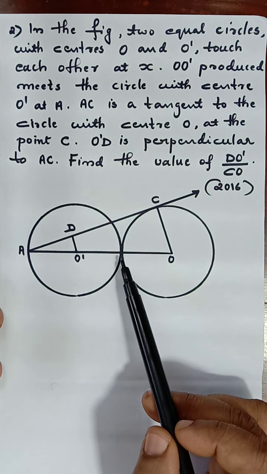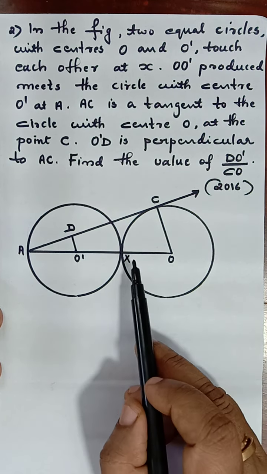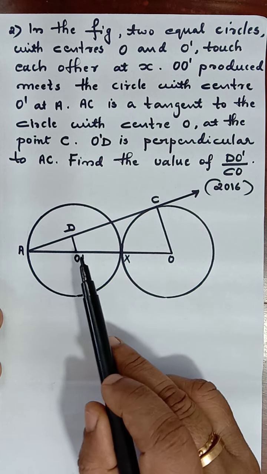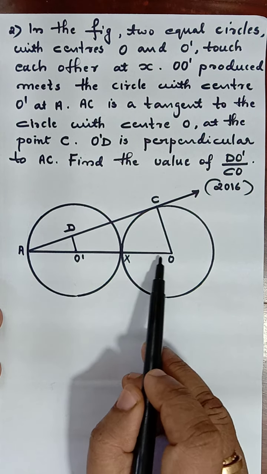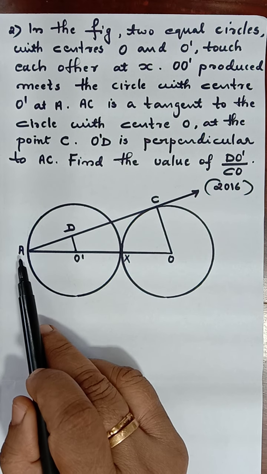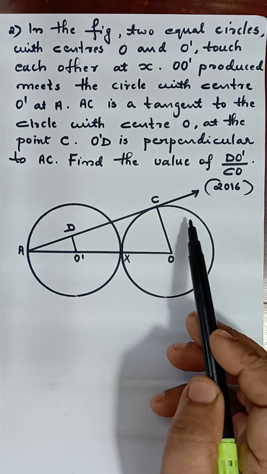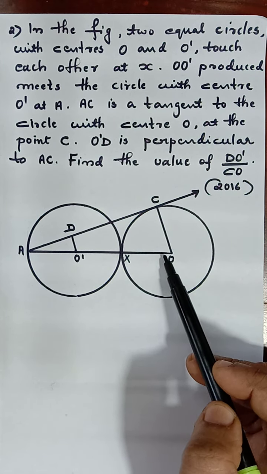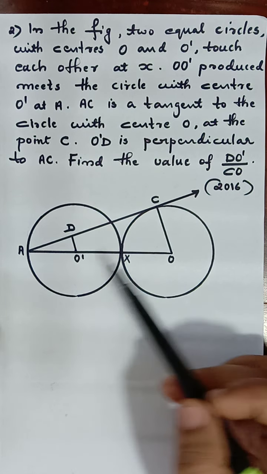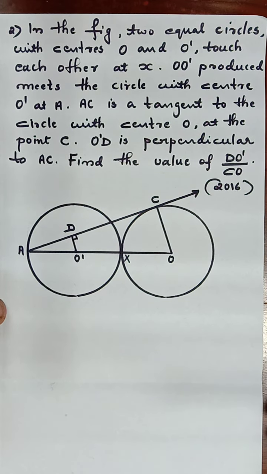They touch each other at the point X. So here we have a point X. OO dash is extended to the point A. AC is a tangent to the circle with the center O, at the point C. O dash D is perpendicular to AC.